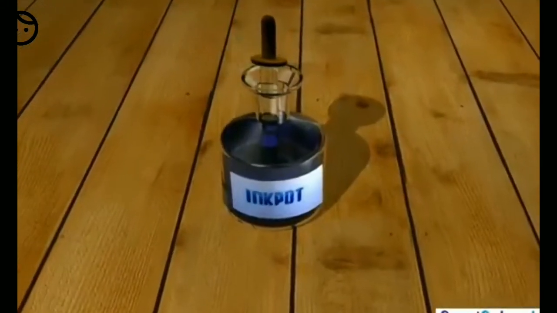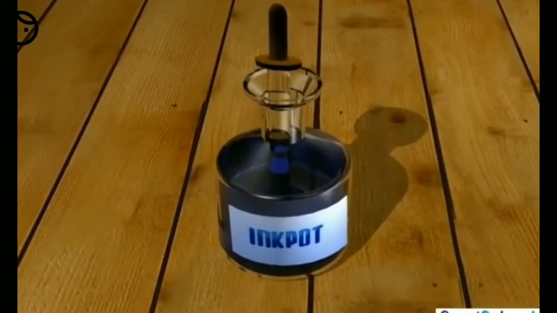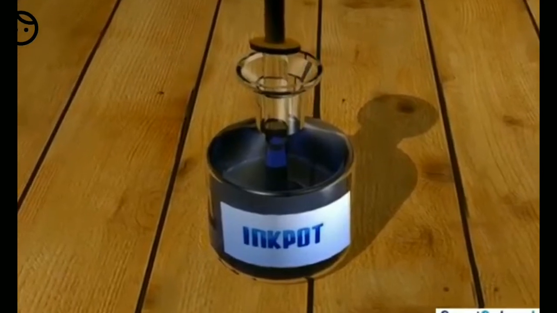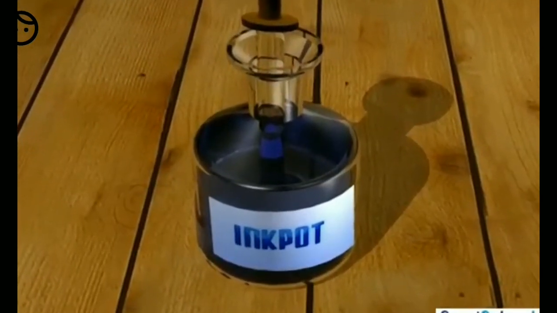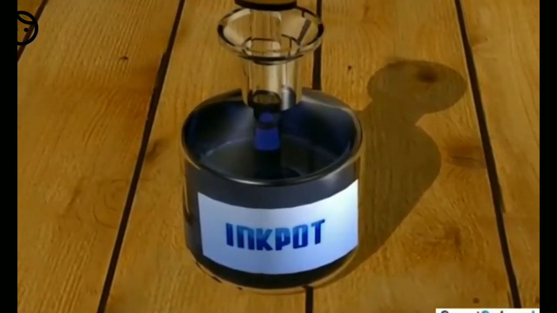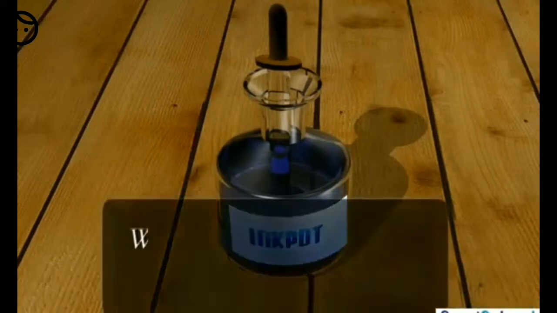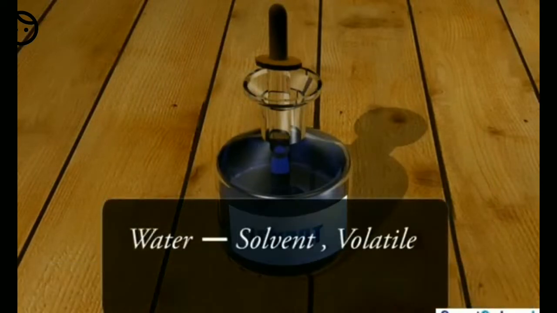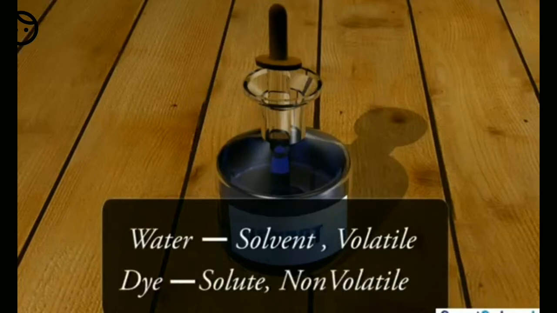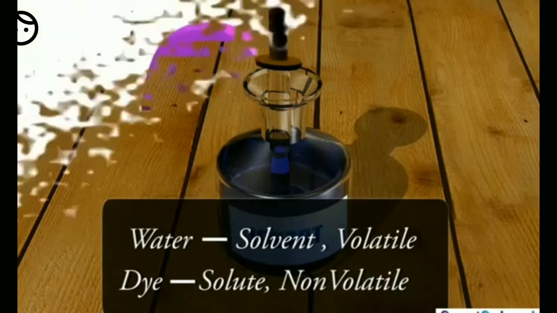Let us see an example to understand this better. The colored component or the dye can be obtained from blue or black colored ink by the process of evaporation. This is because ink is a homogeneous mixture of dye in water, where water, the solvent, is a volatile component, and dye, the solute, is a non-volatile component.